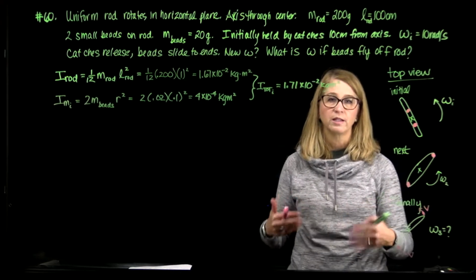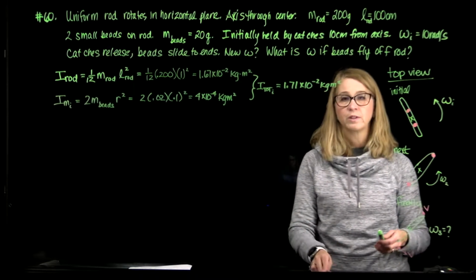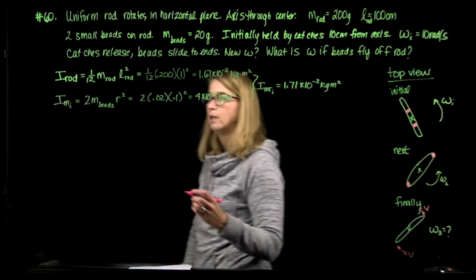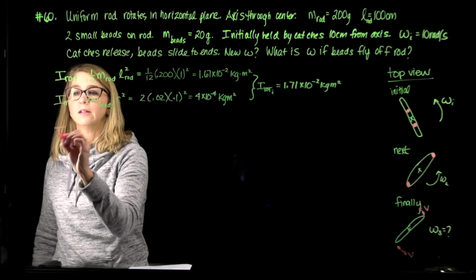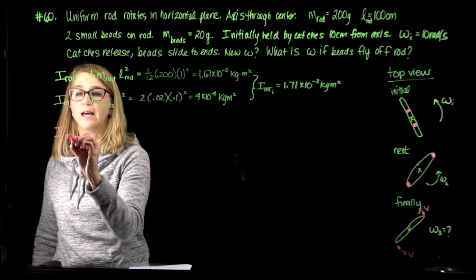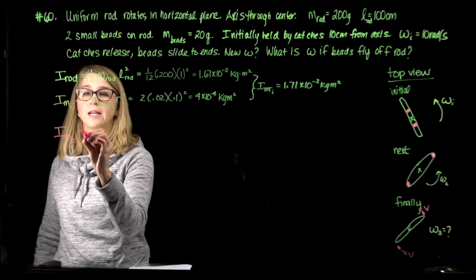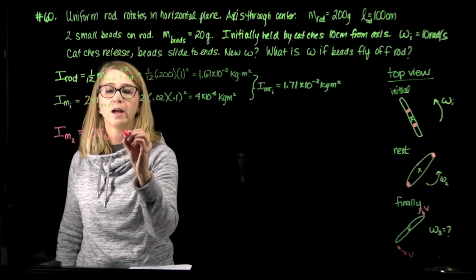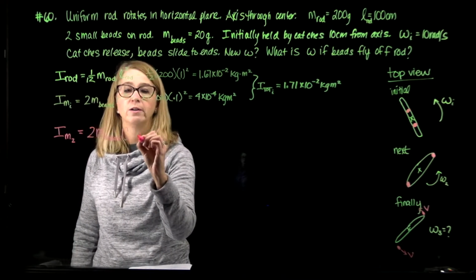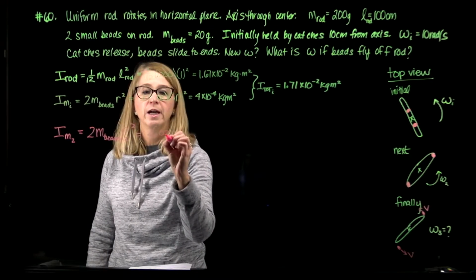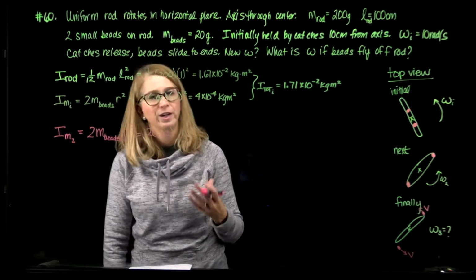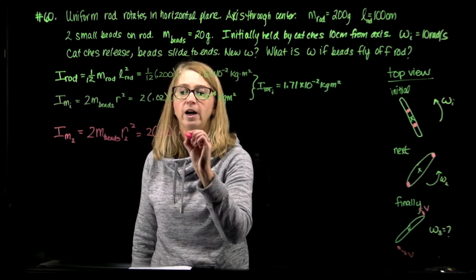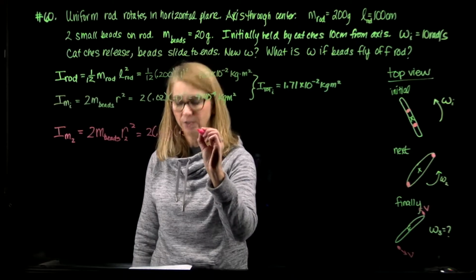Now, the next thing we want to look at is what's going to happen if the beads move to 50 centimeters. Let's look at that contribution first. The moment of inertia of the masses in case 2 would be twice the mass of the beads times the new radius squared: 2 times 0.02 kilograms, since 20 grams is 0.02 kilograms, times 0.5 meters squared.